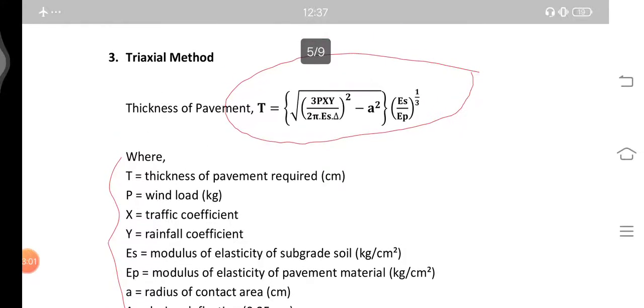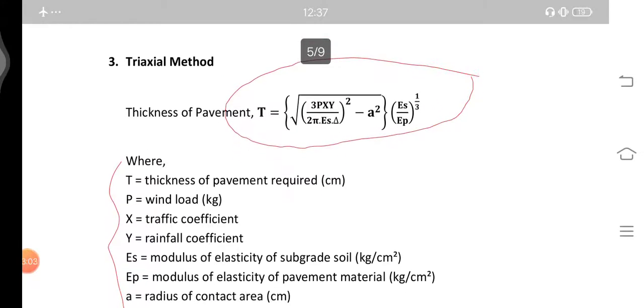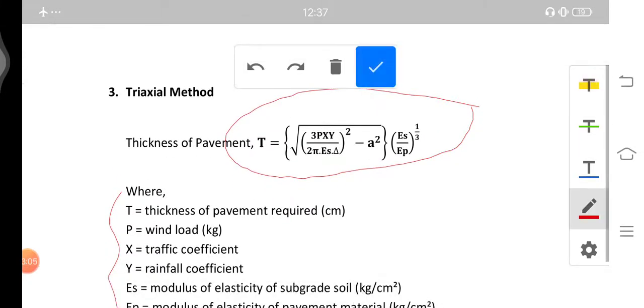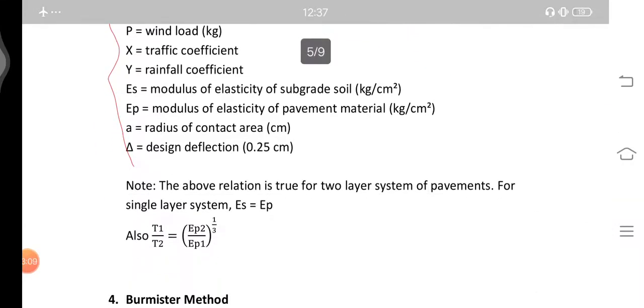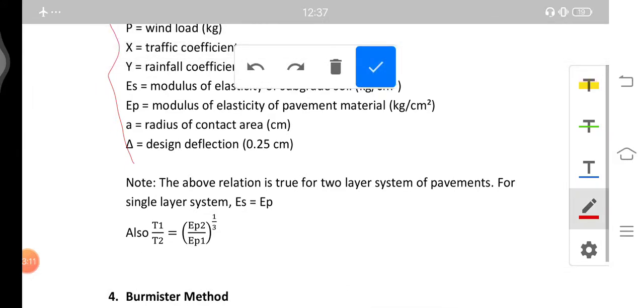So this is all about the triaxial method, but one thing you must keep in mind is that this particular formula is true for a two-layer system of pavements. Note that the above relation is true for two-layer system of pavements.